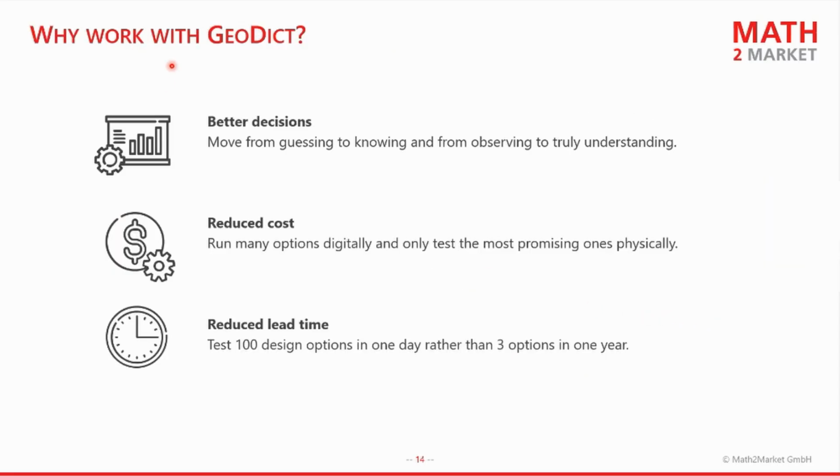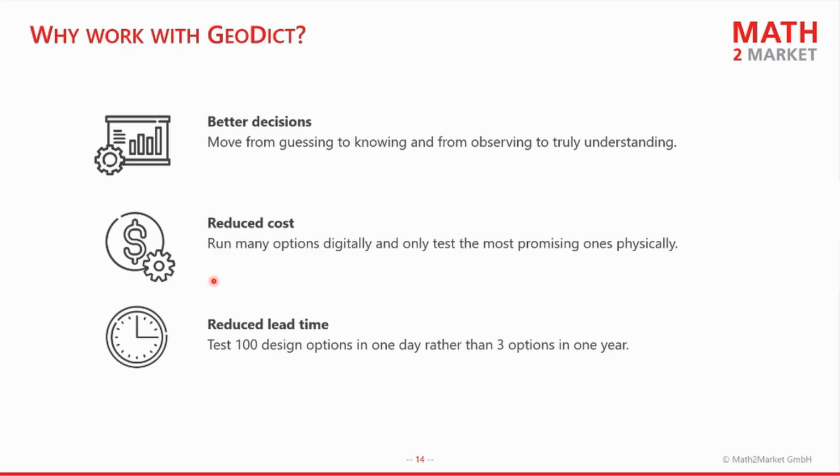Yeah, why do you want to work with GeoDict? You can first of all make better decisions. You move from guessing what could be the best microstructure for my application and what are the bottlenecks, to knowing what is really happening in my battery electrode and how I can design the microstructure to get the best product.